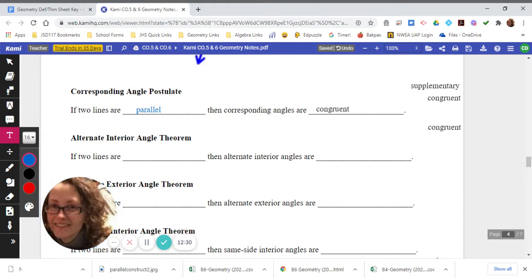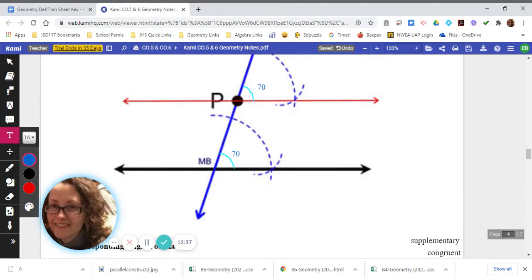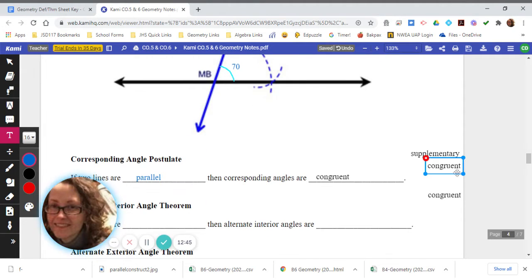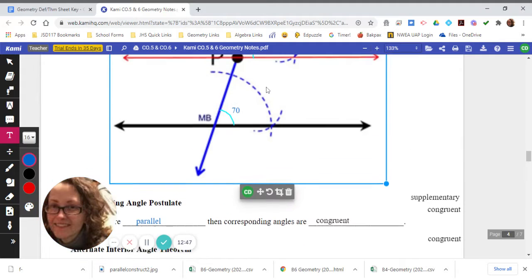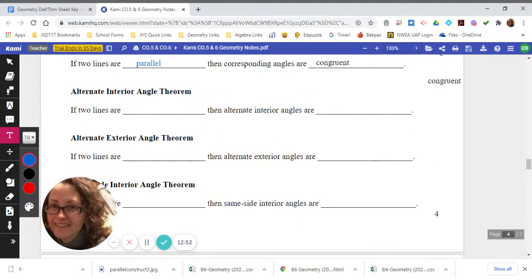So for the next question, alternate interior angles, I need to find a set of alternate interior angles. I want to check to see whether those angles are going to be congruent or supplementary. And then I want to do that for each of these next couple of problems here.